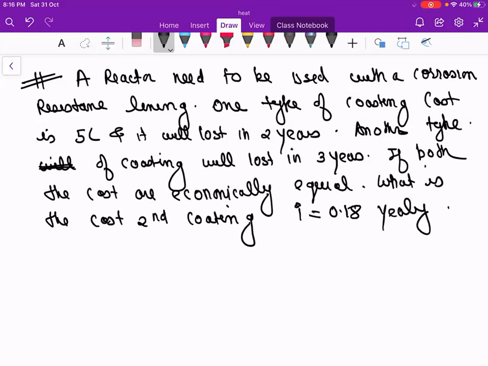Okay, calculate. This is 5 lakh. Solve this.